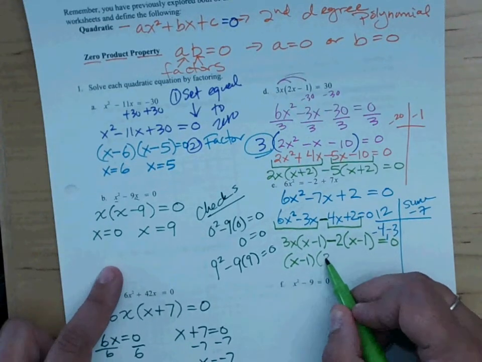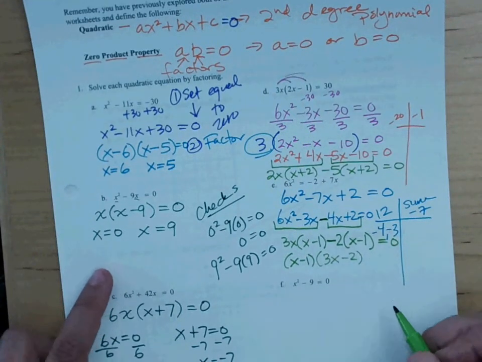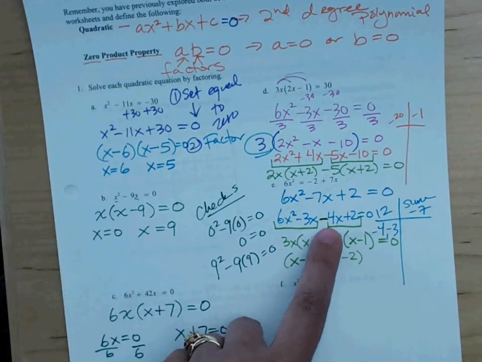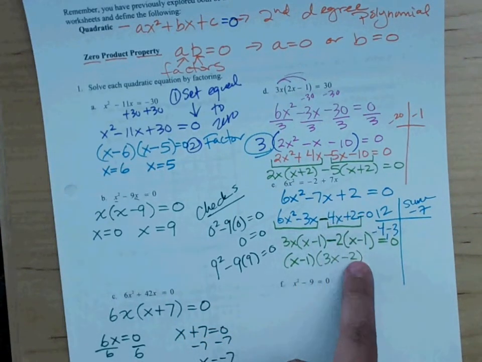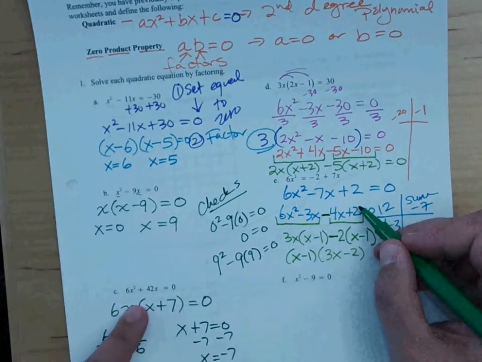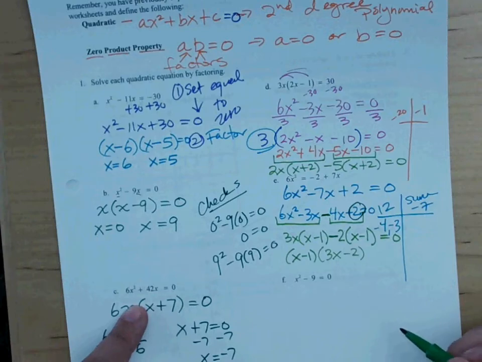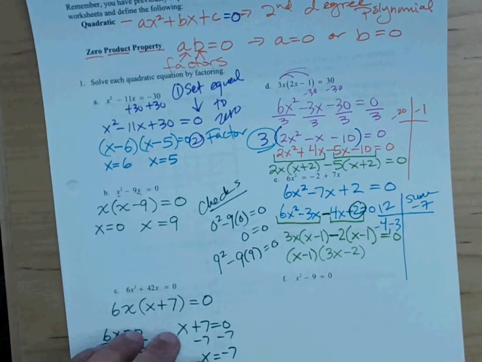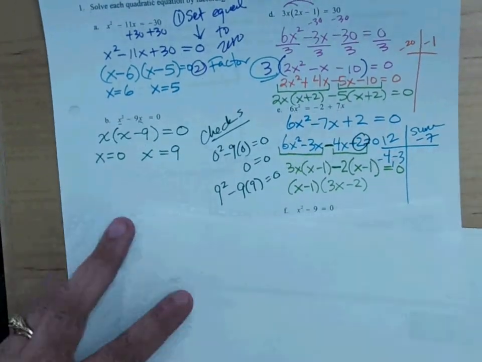Now we have x minus 1, and here we have 3x minus 2. I'm sorry? The 2 is here. Okay, equals 0.